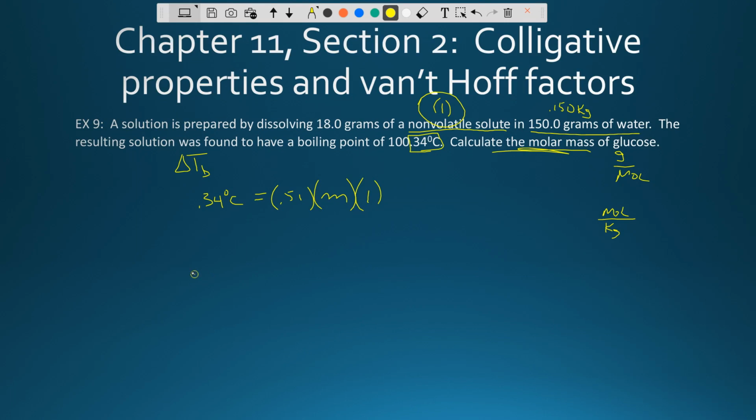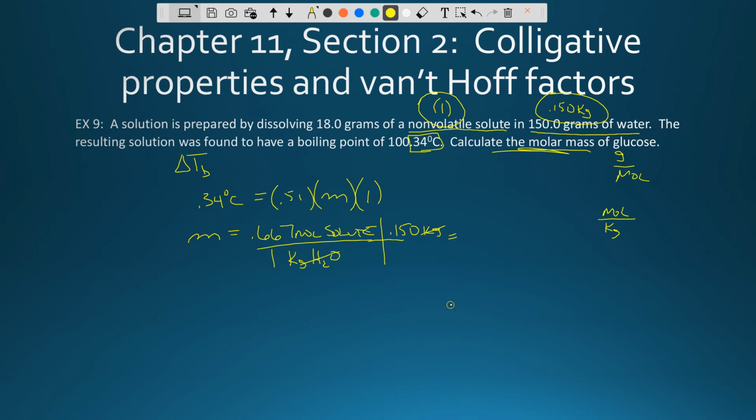So the first step is to solve for my molality. My molality ends up being 0.667 moles of solute. Now remember, that molality is per 1 kilogram of water, isn't it? But I don't have 1 kilogram of water. I have 0.150 kilograms. So if I multiply that by 0.150, notice the kilograms of water are gone.